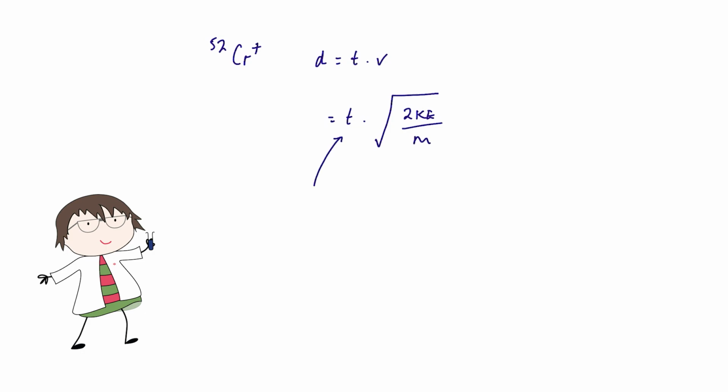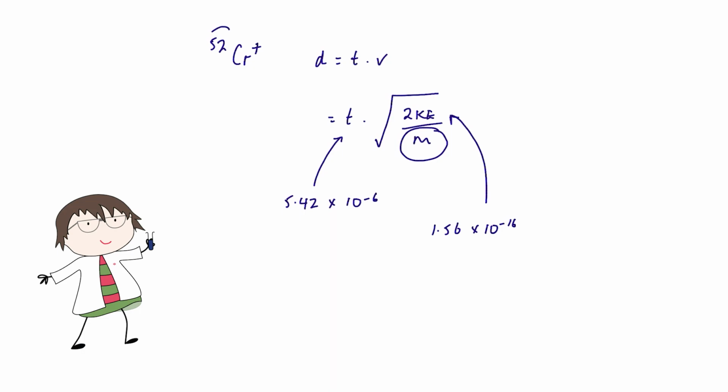We know the time it took, 5.42 times 10 to the minus 6, and we know the kinetic energy of the ions, 1.56 times 10 to the minus 16 joules. But we need to figure out the mass of a single ion.